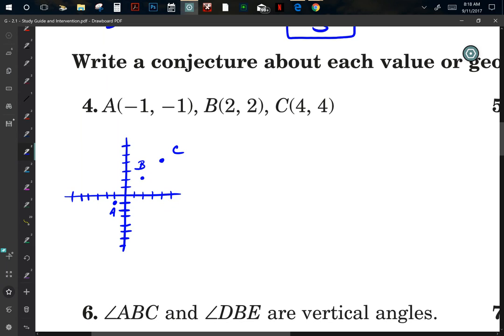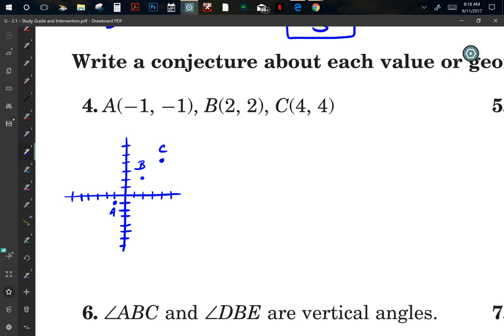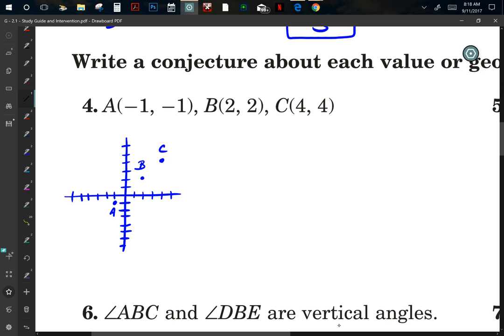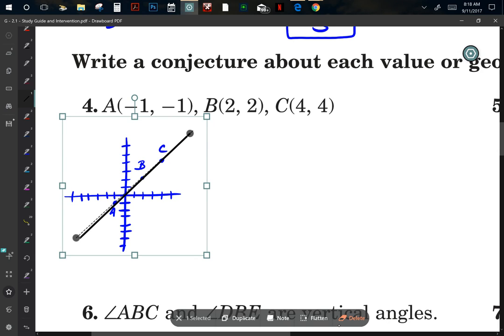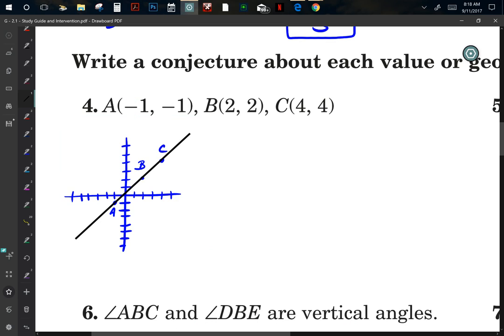Well, that wouldn't quite work, would it? Well, they make a straight line, don't they? So this is a linear equation.